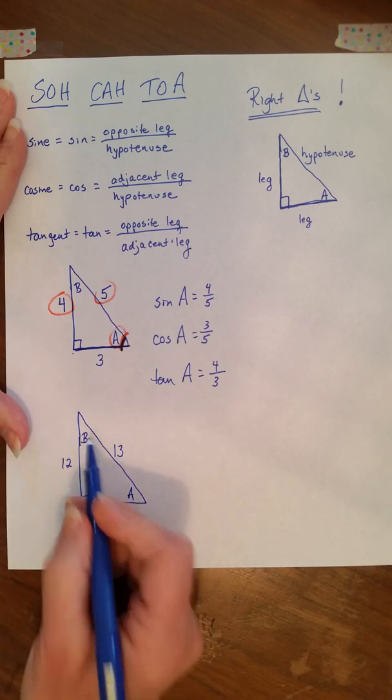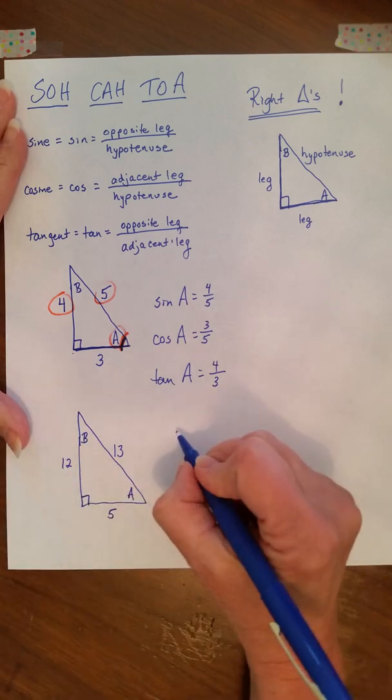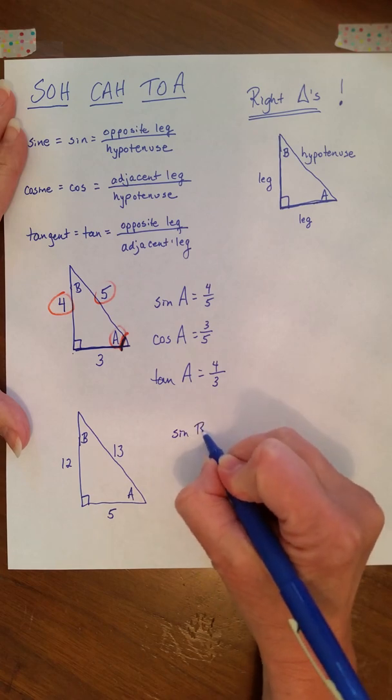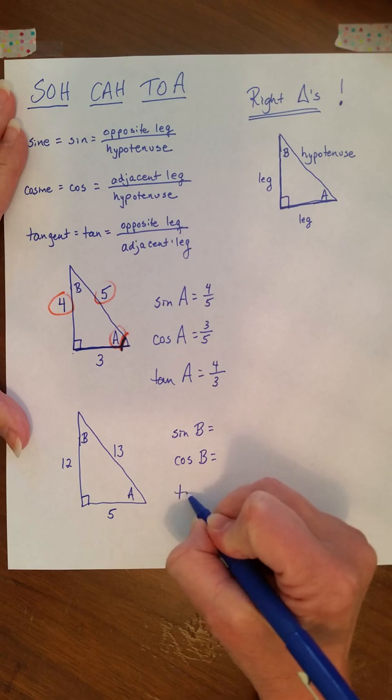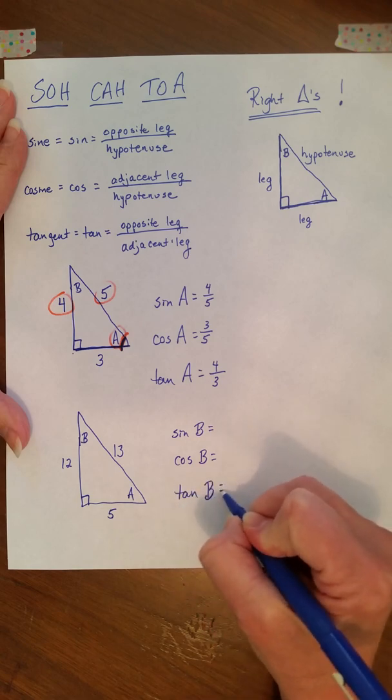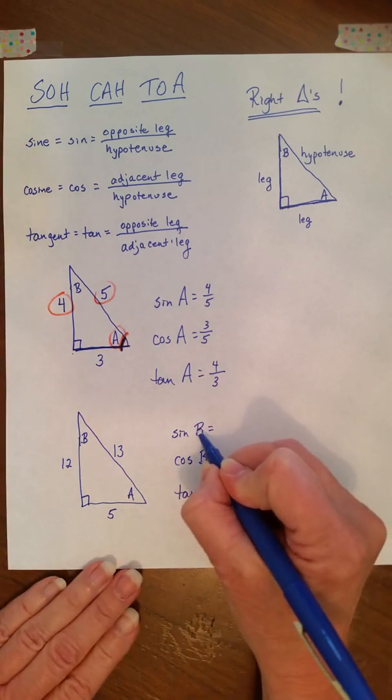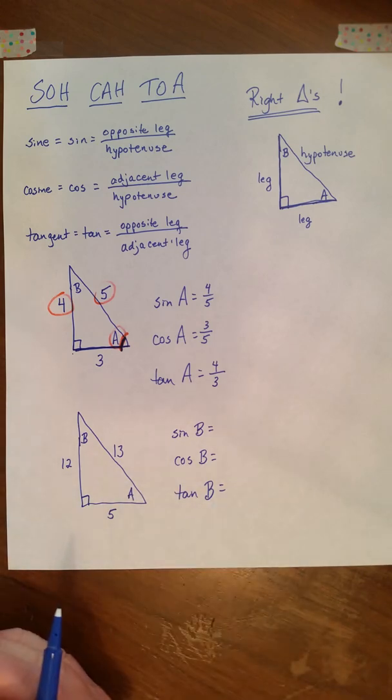Okay, let's look at it with reference to angle B. Try to find the sine of B, the cosine of angle B, and the tangent of angle B. Hit pause, try that, and then come back.